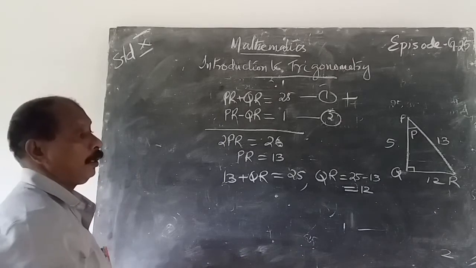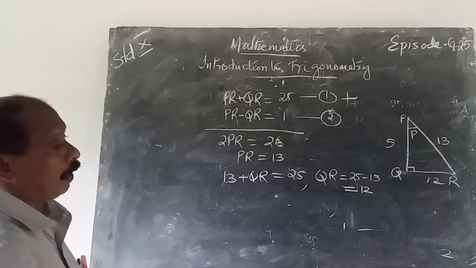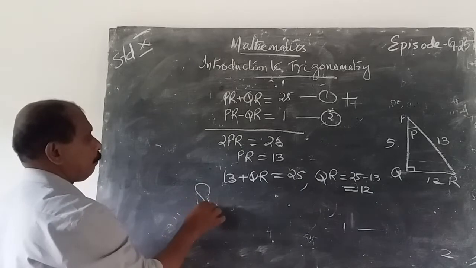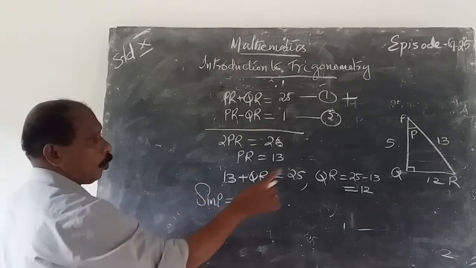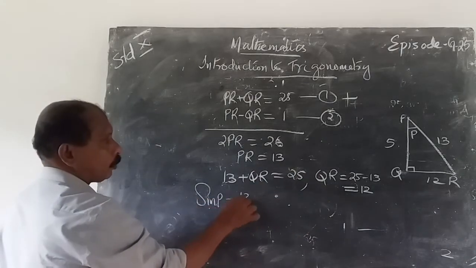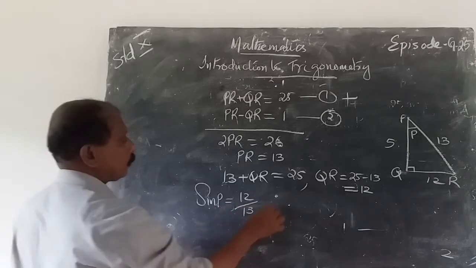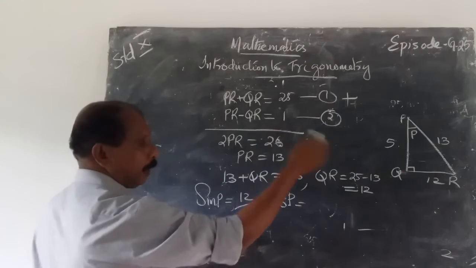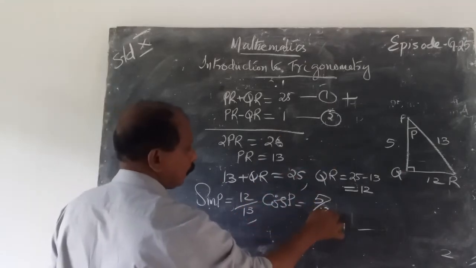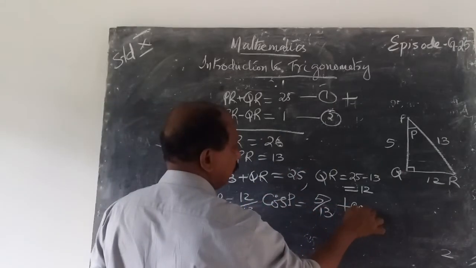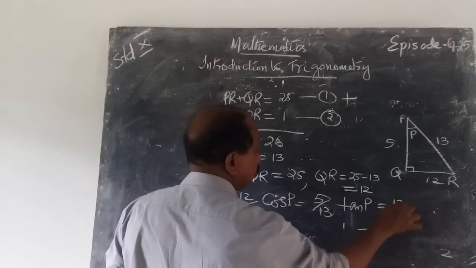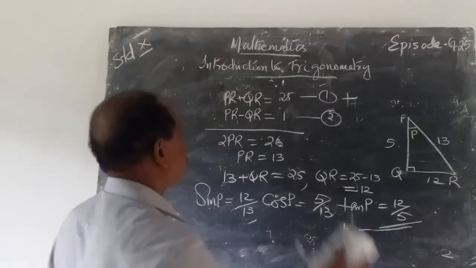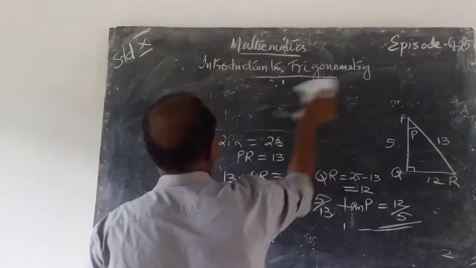For the angle P, opposite is 12, adjacent side is 5 and the hypotenuse is 13. Therefore, sin P is equal to opposite side by hypotenuse, that is 12 by 13. Cos P is equal to adjacent side by hypotenuse, that is 5 by 13. And tan P is equal to opposite side by adjacent side. This is the result.